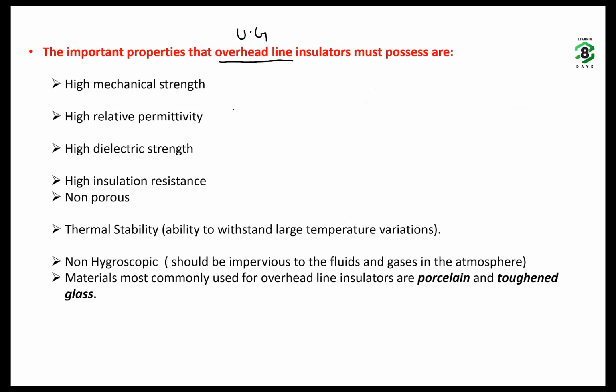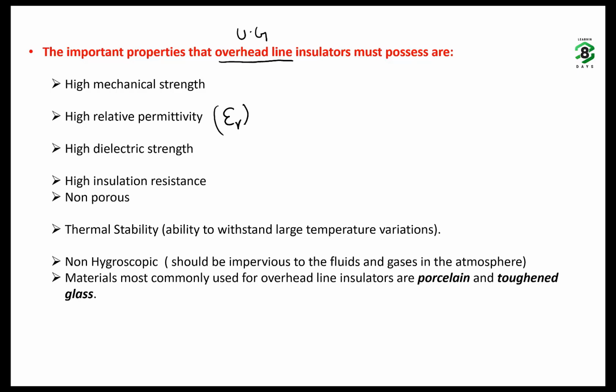Relative permittivity means epsilon r. It should have a high epsilon r value. Next, high dielectric strength. Dielectric strength high means high breakdown voltage. High insulation resistance.